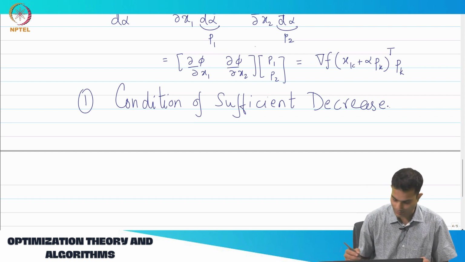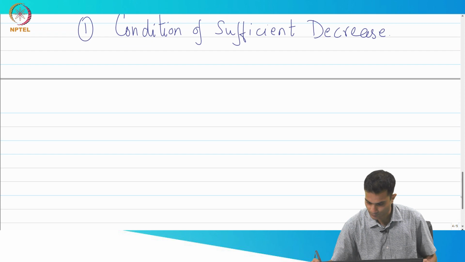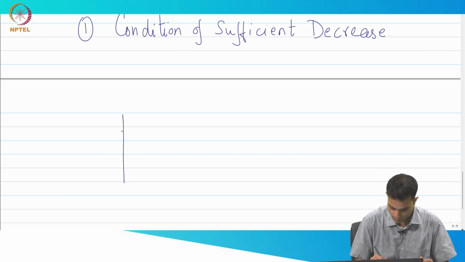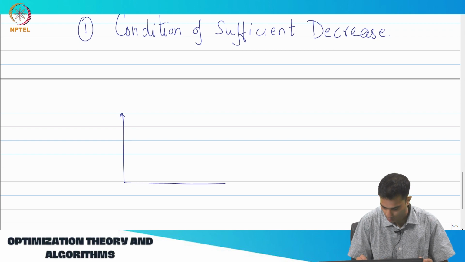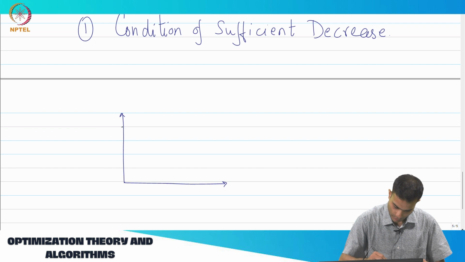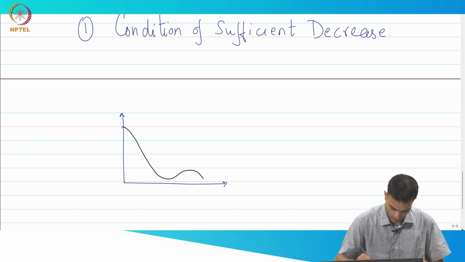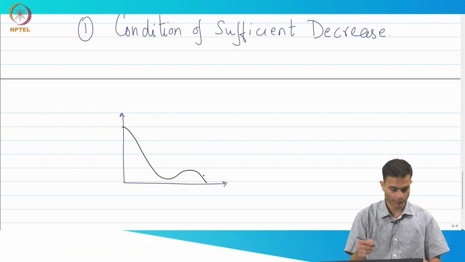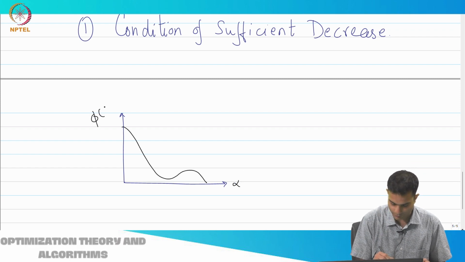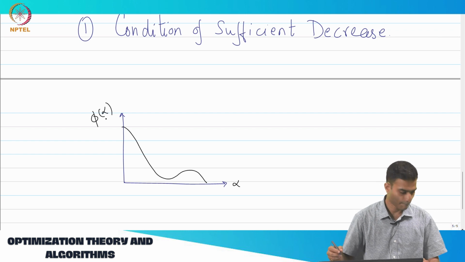So let's see what this means. I'm going to try to draw an explanatory graph over here. So this is my alpha. This is my phi of alpha over here.